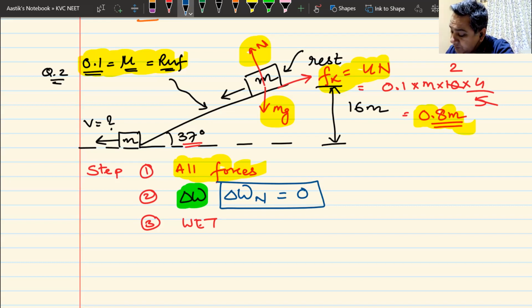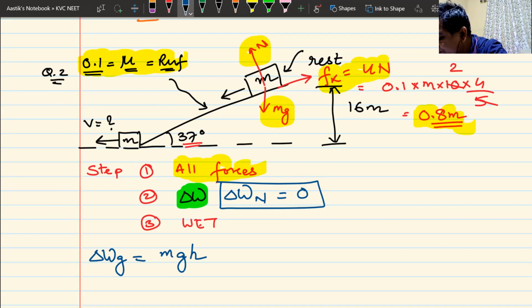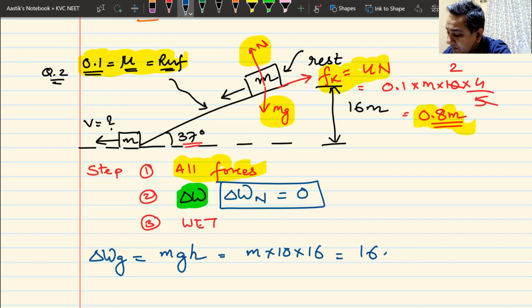Let us talk about work done by gravity. Work done by gravity is simply equal to mg multiplied by h. We have done it so many times, it will be positive because it is coming down. Let us find out how much this is. m is m, g is 10, h is 16, so it becomes 160 m.